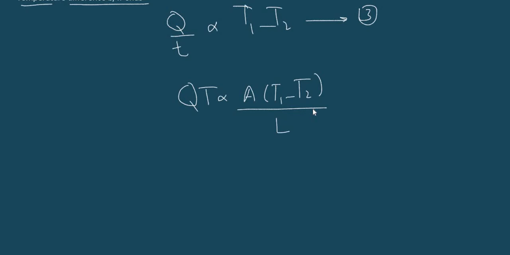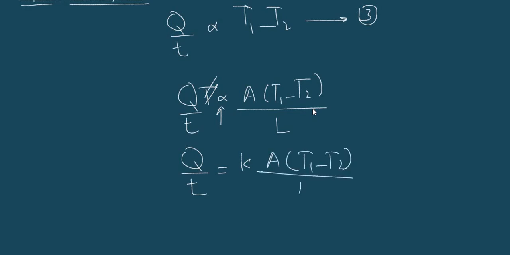You know that when we remove proportionality, we place two things. Number one is the equal symbol and number two is the proportionality constant. So Q over t equals K into A into T1 minus T2 over L. Here K is the proportionality constant called thermal conductivity of the solid.